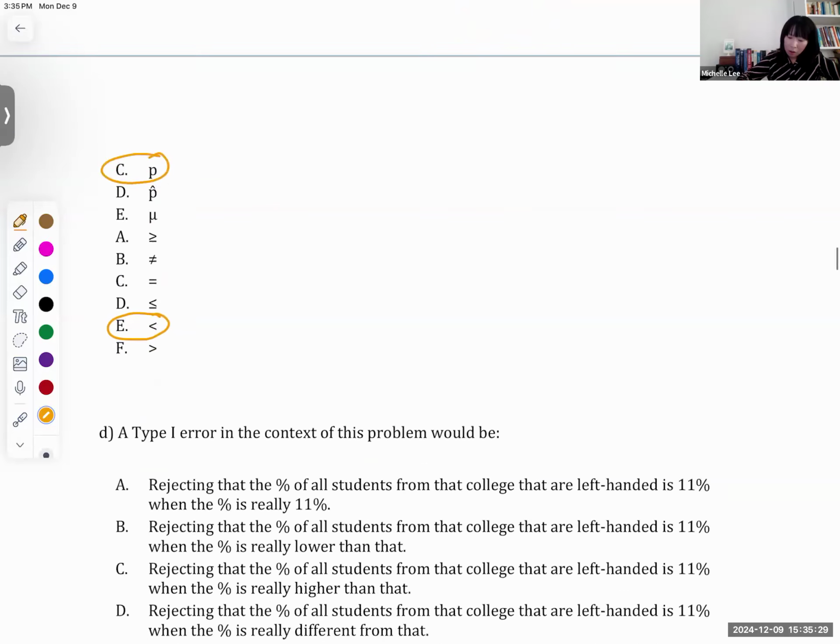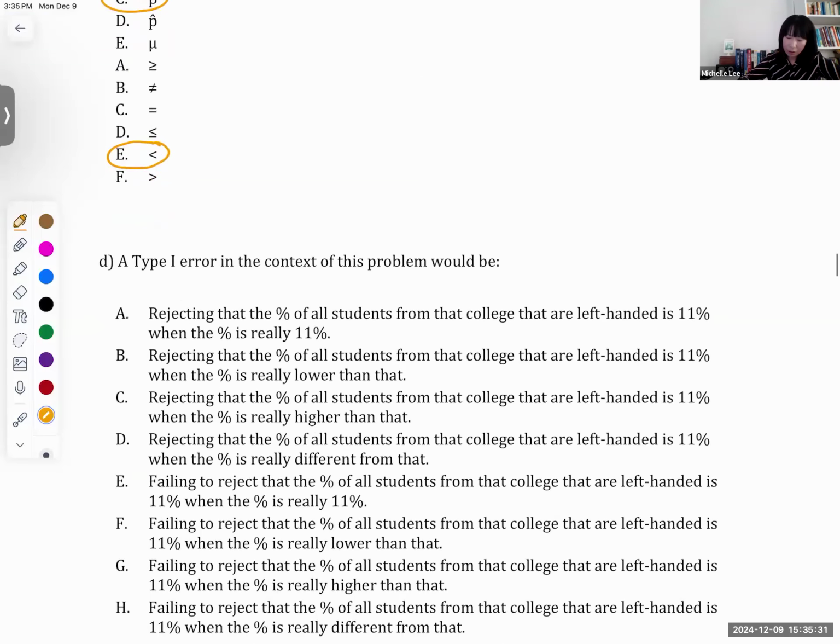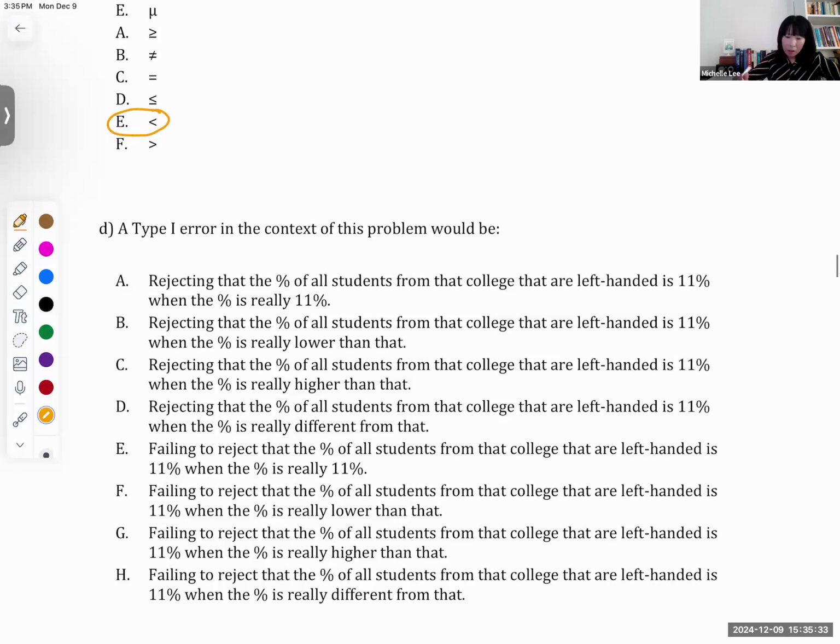Now, oh, type 1 error. So what was the type 1 error? Does anyone remember type 1 error?